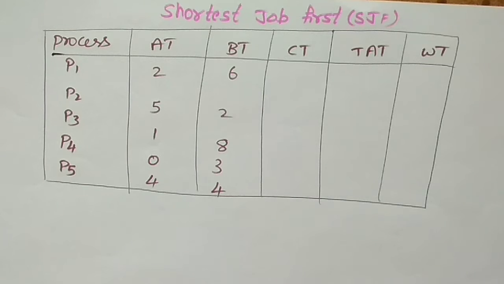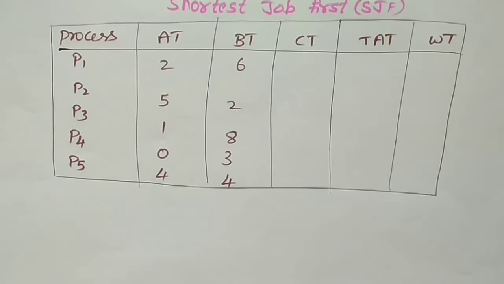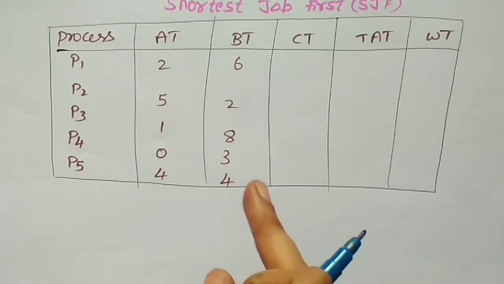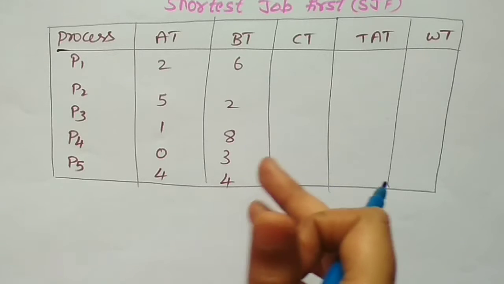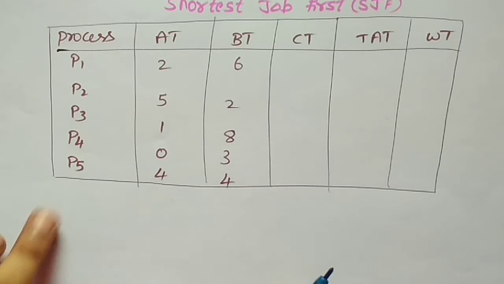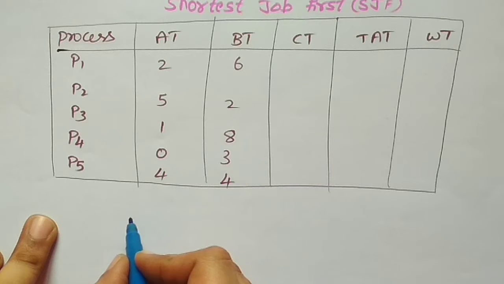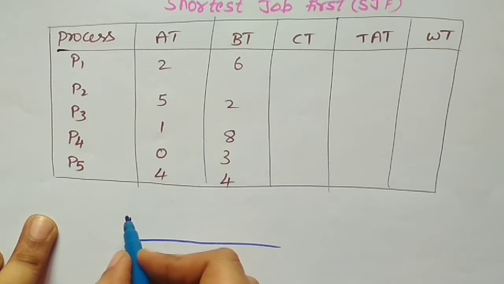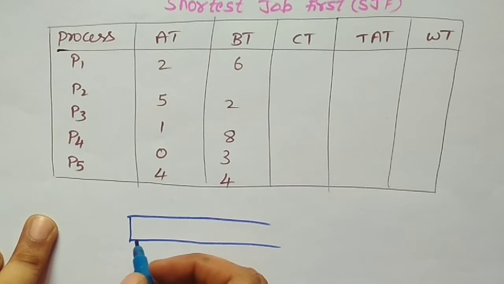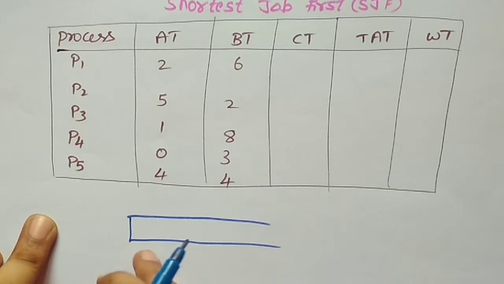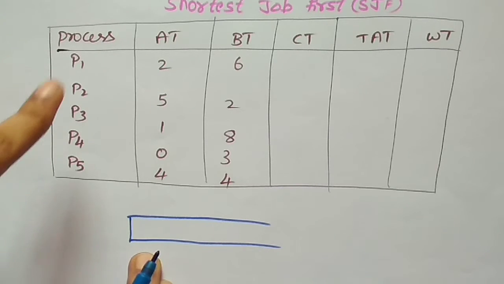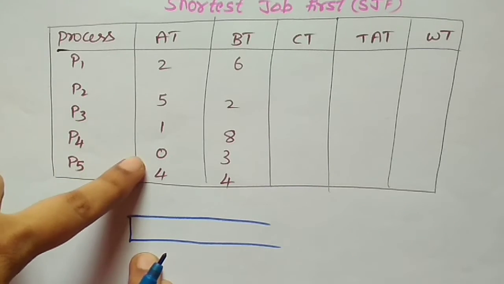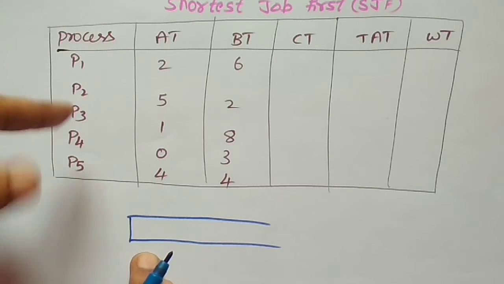Now we are going to draw a Gantt chart, or the running queue, for the given table. For the first process, that is the arrival time 0, we are going to execute it normally.